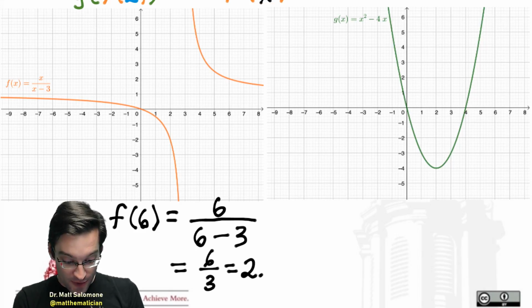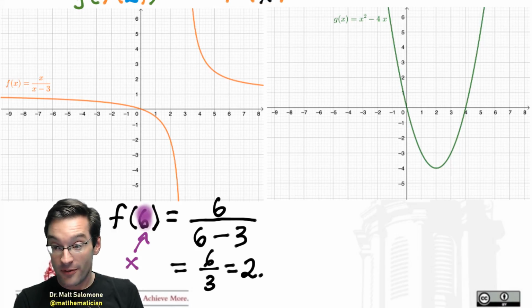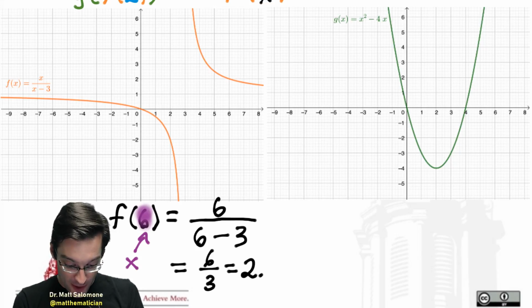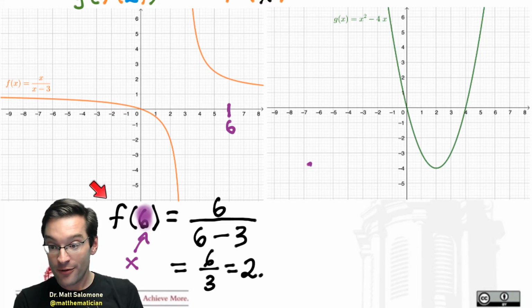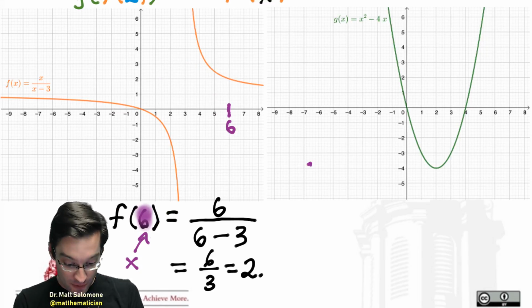After all, this 6 that I have right here is really a value of x. So this 6 is really an input to my function. And so if I want to use my graph, then I want to find x equals 6 on the x-axis and ask what point is on the graph of my function. On a graph, remember, every point's y value is equal to f of that x value. I just want to know what y value goes with the x value of 6.